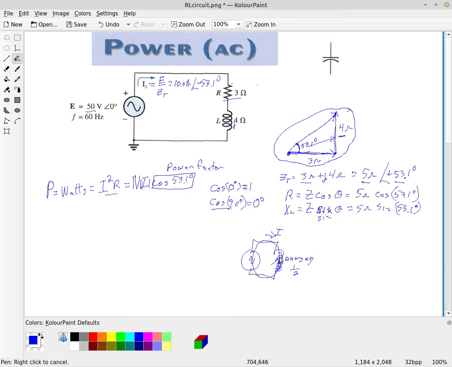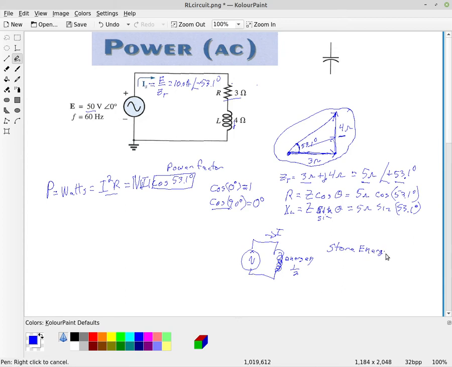If this was the only thing in the circuit, it would end up charging it up in the opposite direction, back and forth. And so inductors and capacitors don't actually use energy. What they do is they store energy or power. Okay, so inductors and capacitors store energy.